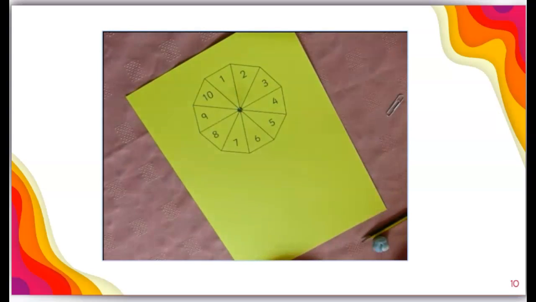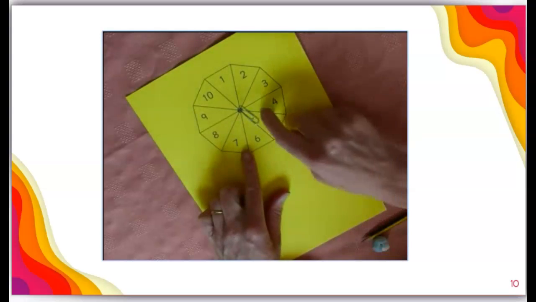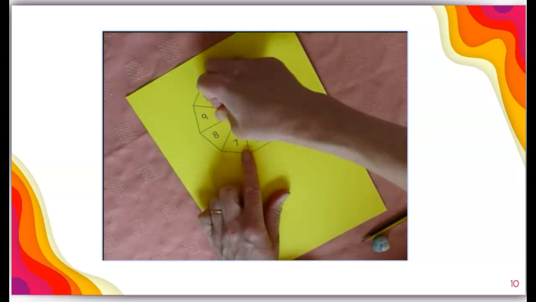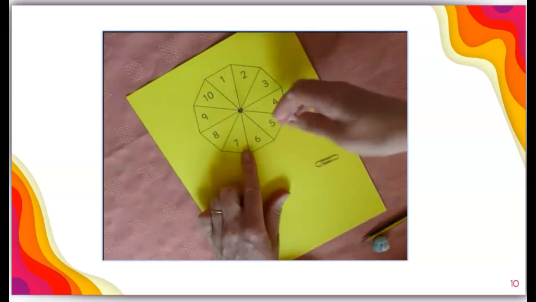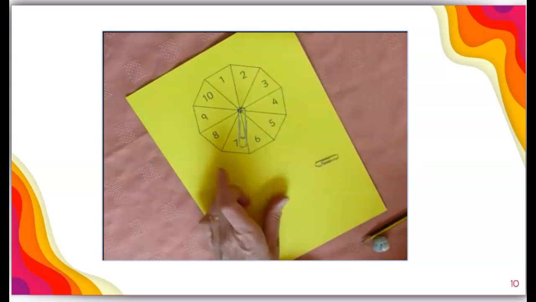Stand that upright. Right, then we can use a second paper clip, hook it over the top, or if you do have a slightly larger one, that makes it a little bit easier, so we can hook that one over the top.